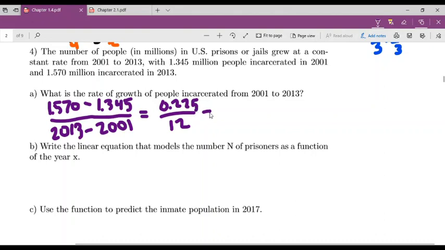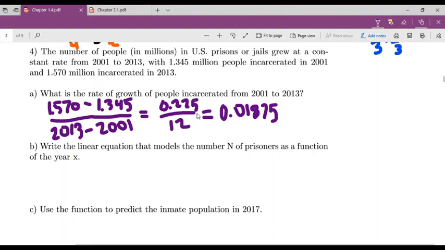Now all you have to do is divide that by 12, which you can do in your own calculator. So that should give you a rate of 0.01875. So the rate of growth of people incarcerated from 2001 to 2013 is 0.01875.